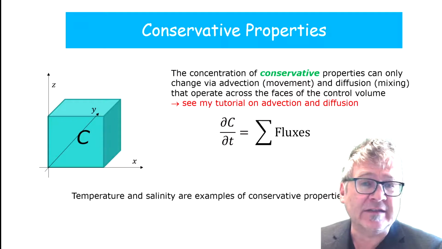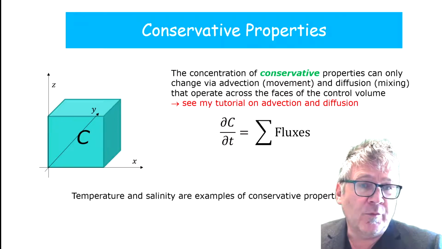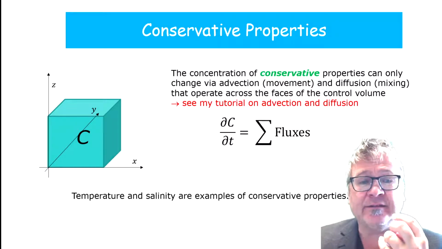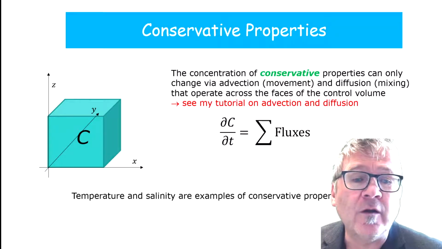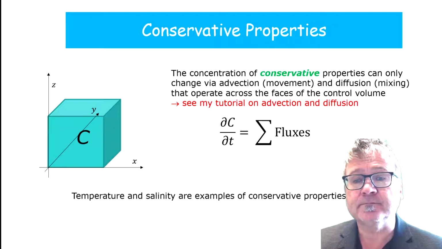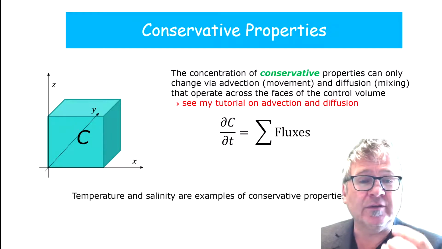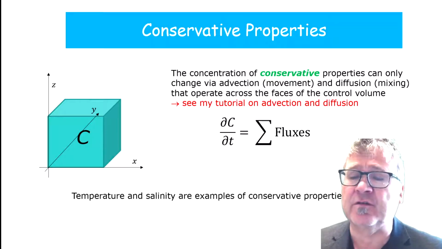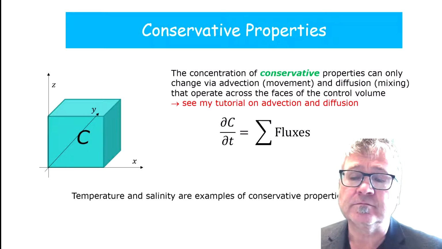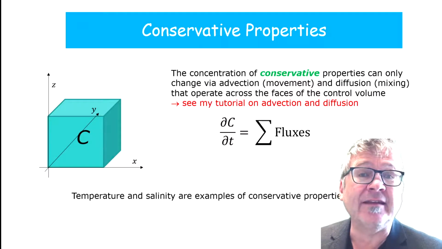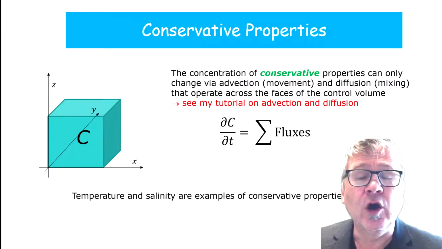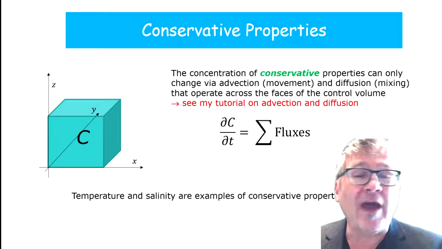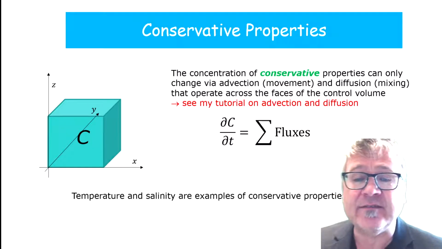Advection is another word for movement, and diffusion is another word for mixing. So these are processes that operate across the faces of the control volume. They create an influx or an outflux of your property through any or all of your 6 faces.